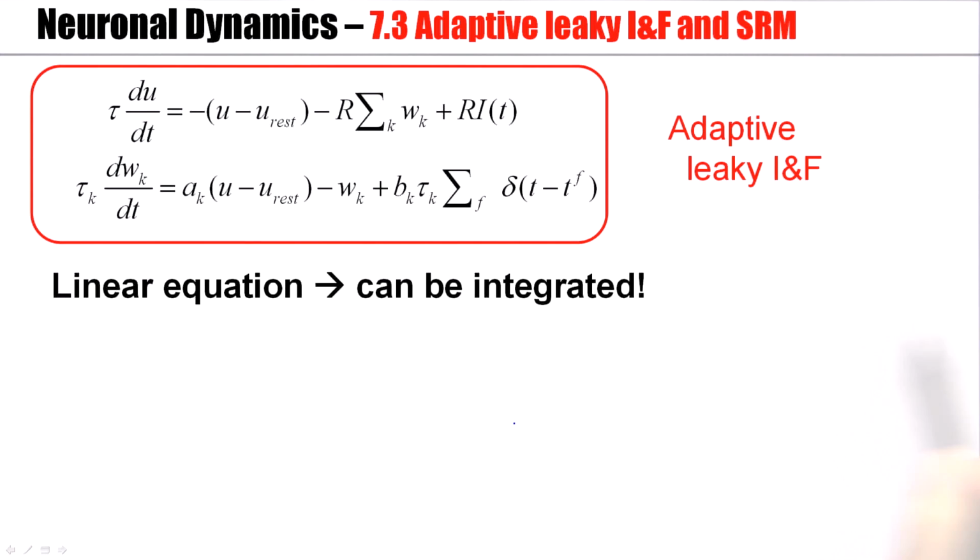I now have two coupled linear differential equations. If I know the jump size, if I know the moments of a spike, if I know the firing times, then this is just a sequence of short current pulses in a linear differential equation.